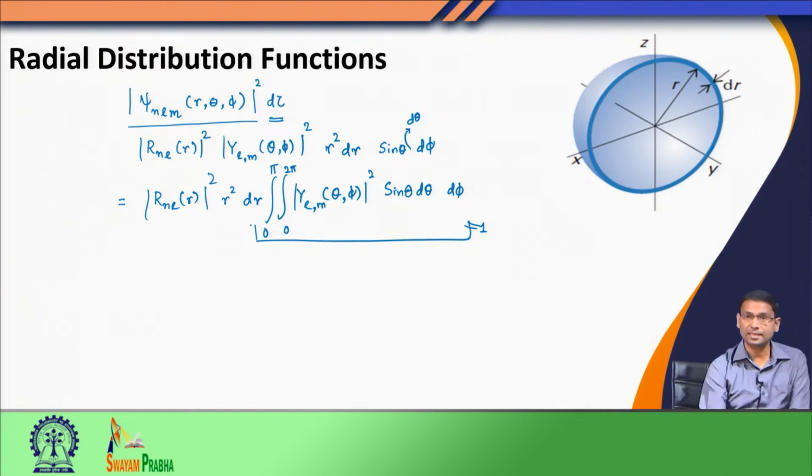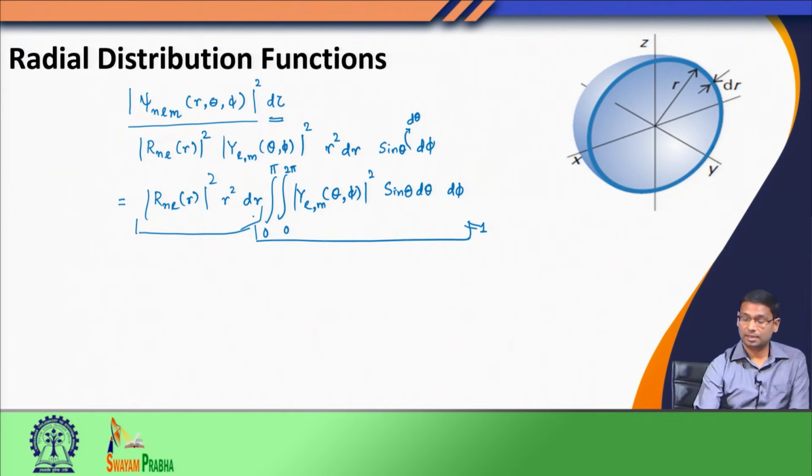When I integrate them out, if I am taking the normalized form of the spherical harmonics, their contribution will become 1. That would leave me the term shown over here.